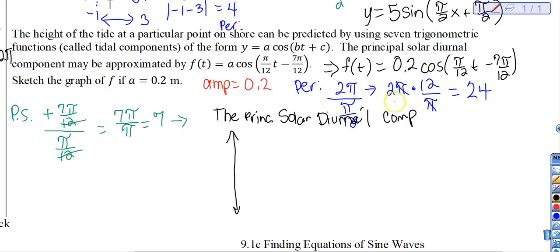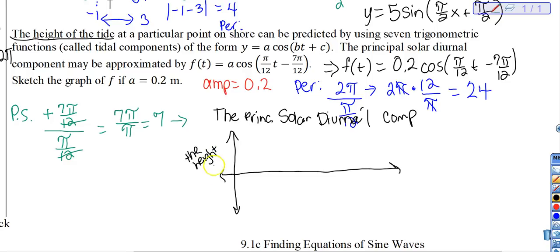I'd give it a title because this is what you do when you create a visual for a graph. And then what does our y-axis represent? Y-axis is amplitude, and the amplitude is measuring the height of the tide.